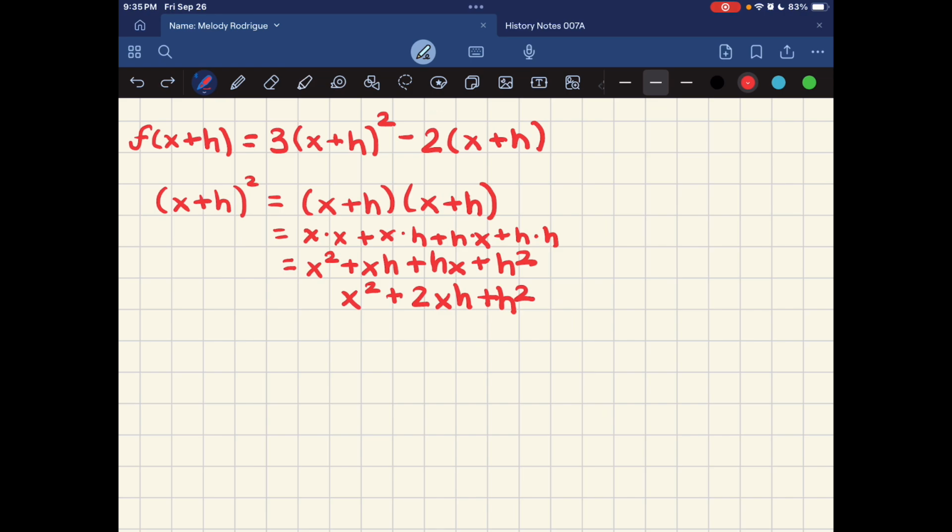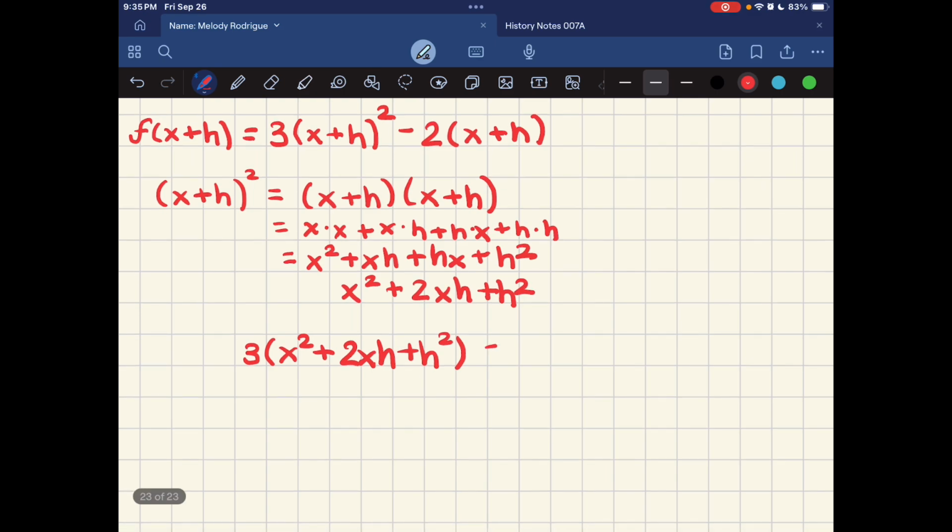So it's going to be 3, and then you just put the equation that you just found. And then when you distribute the 3, you're going to get 3x squared plus 6xh plus 3h squared. Okay, and now for the second part, which is negative 2 of x plus h, we're just going to expand that part now.